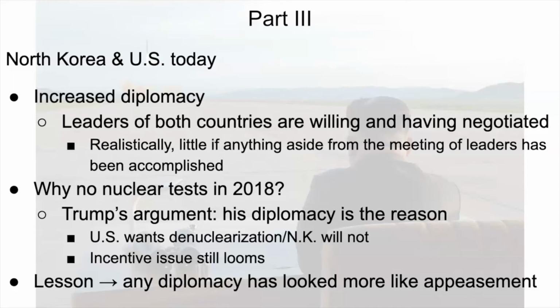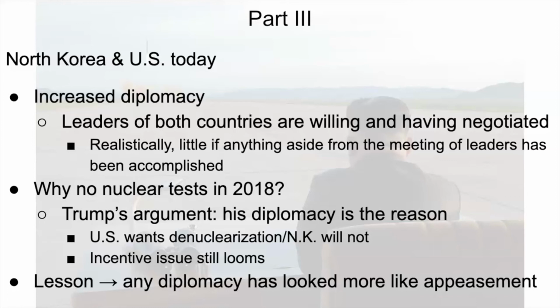Ultimately, nothing came out of those meetings, and there could possibly be more meetings in the future, but realistically, nothing has happened and nothing is out there that suggests that there's going to be any type of progress from the United States standpoint where North Korea cuts down on its nuclear program.